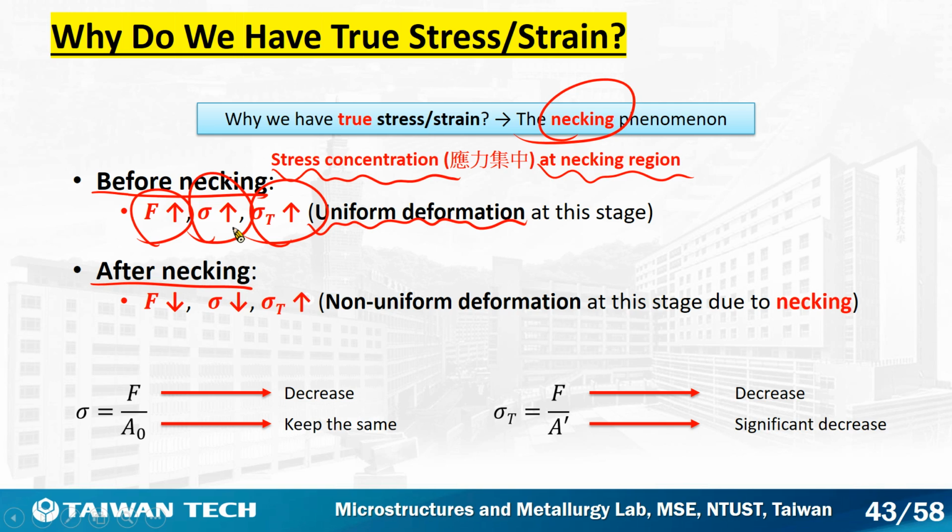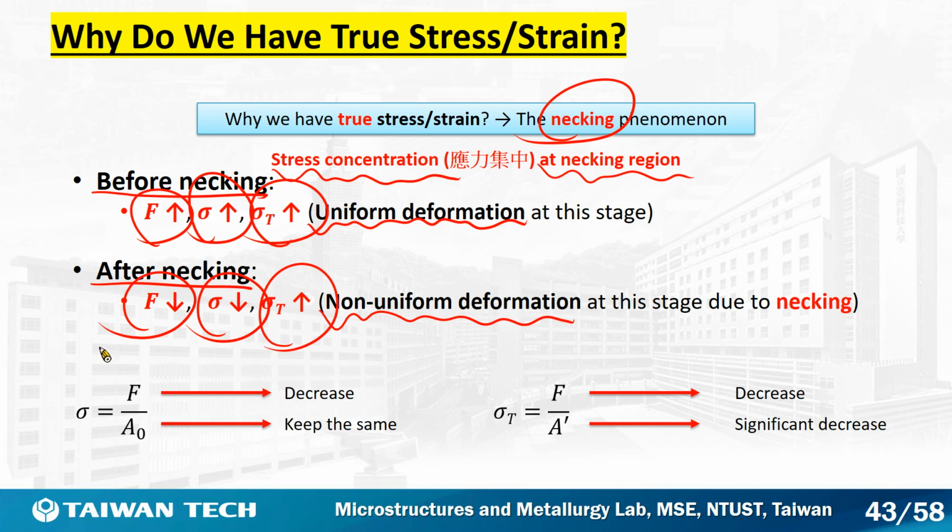However, after necking, it's non-uniform deformation. The deformation will focus on the necking region. So the force will decrease, and the engineering stress will decrease. However, the true stress will increase.